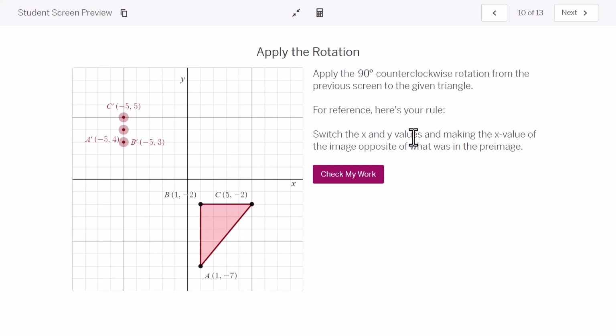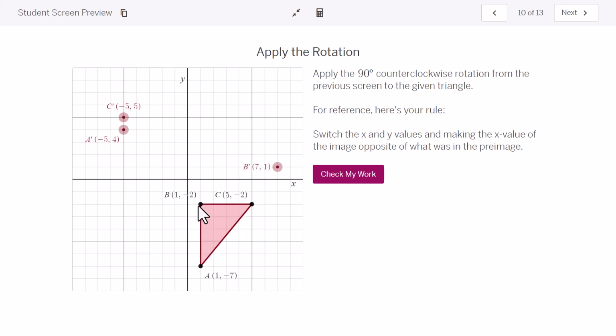Switch x and y, and then make the x value of the image opposite. So I'll change from 1, -7 to -7, 1. But I will change the -7 to a +7. So +7, 1. It's easier when I write this down.